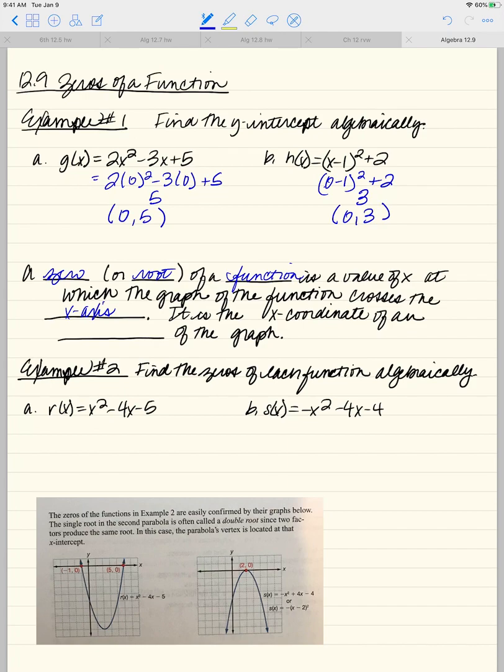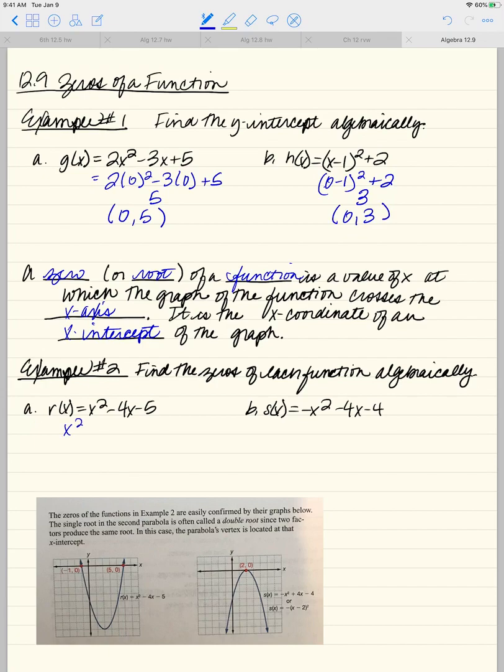It is the x-coordinate of an x-intercept of the graph. So example number 2 says find the zeros of each function algebraically. So we have r of x is equal to x squared minus 4x minus 5. So we are going to set that equal to 0 to find our x values, okay?